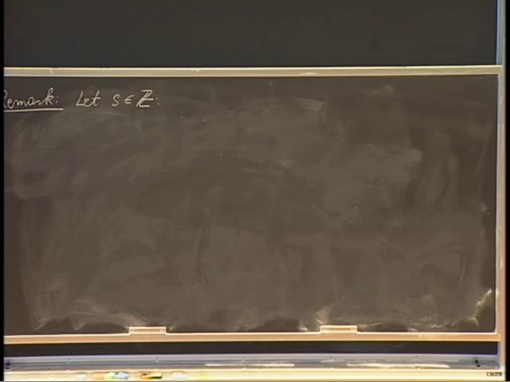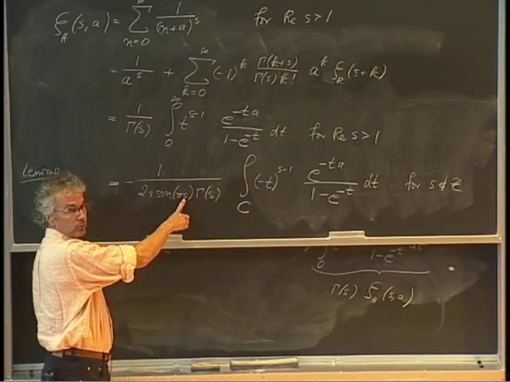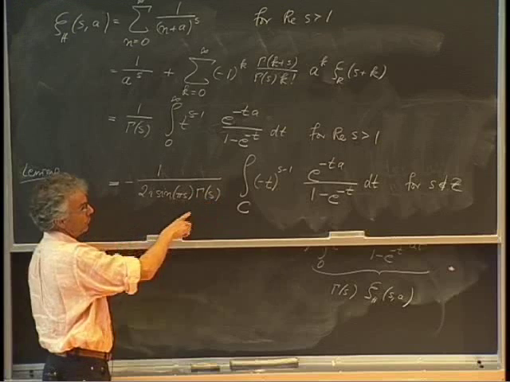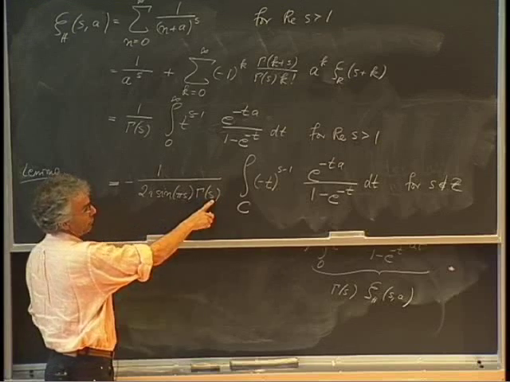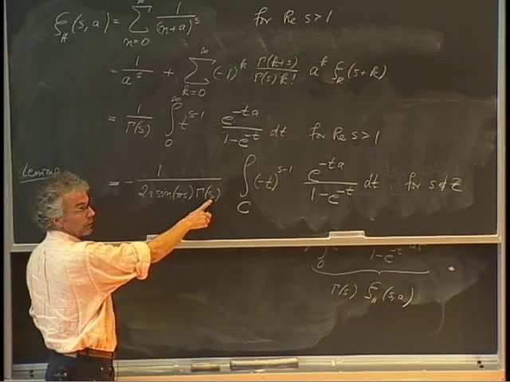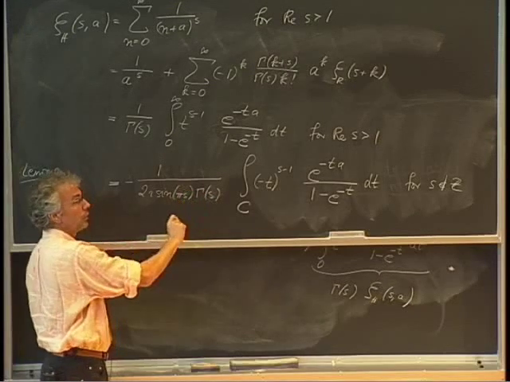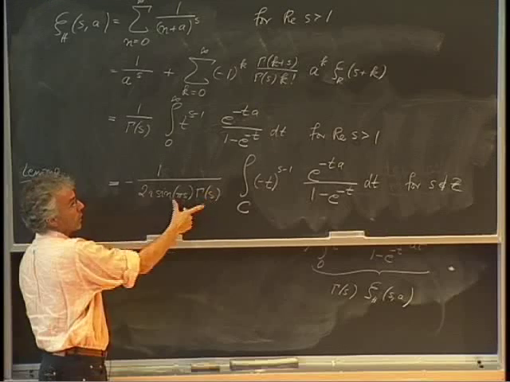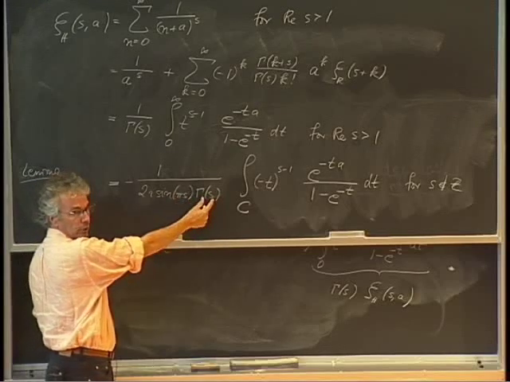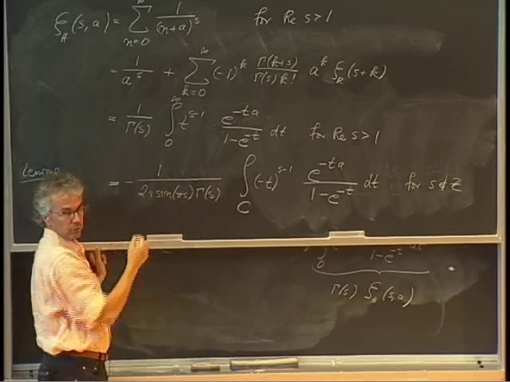The sine of S vanishes at the points S in Z. Gamma of S has a singularity at the negative cases at least. So let's concentrate on the negative case for now. So we have a 0 multiplying a singularity, and the product will give a finite value.